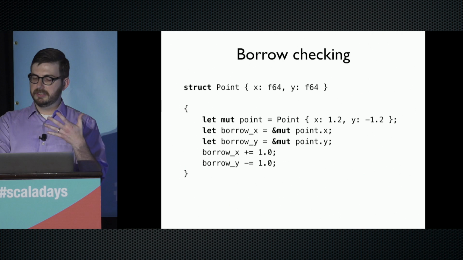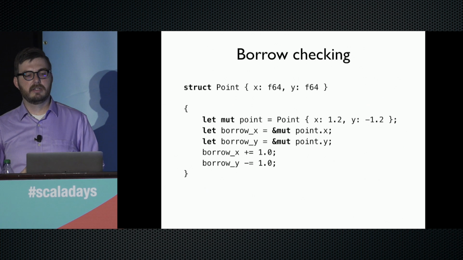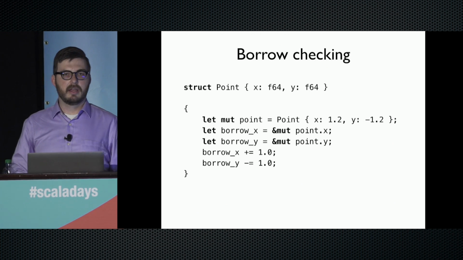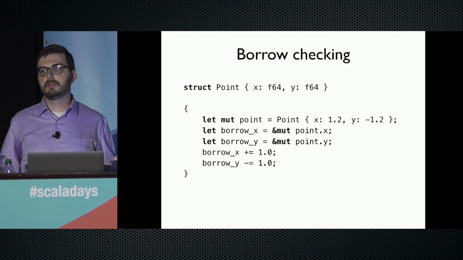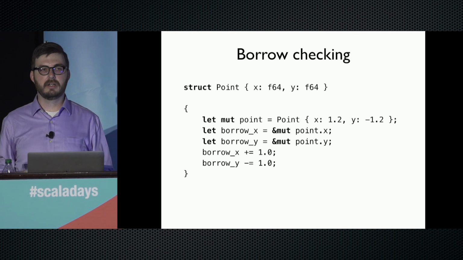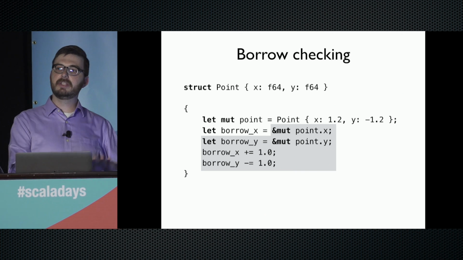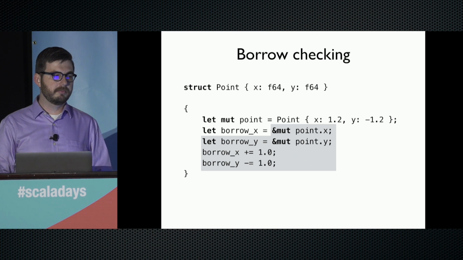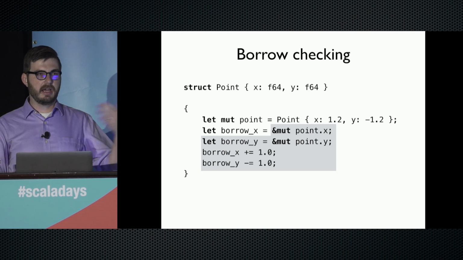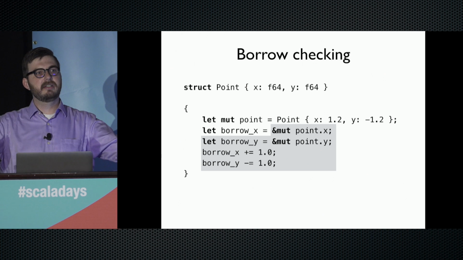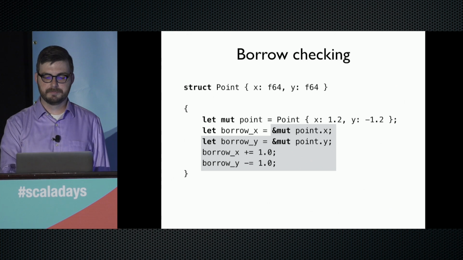OK, another point, again, just to give you a sense of how this scales up. Suppose you have a data structure with a couple of different fields in it, and you want to separately hand out the ability to mutate those fields individually, right? Can you do that? So here what I'm doing is taking a mutable reference to each field rather than to the struct as a whole. And the cool thing is that Rust is actually able to reason about this. It understands that X and Y are distinct locations in memory, and so the rules about aliasing don't apply to them if you're talking about them separately.